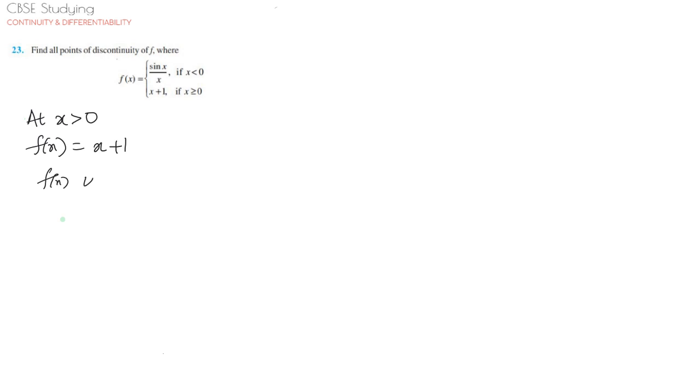So we can say that f of x is a polynomial. Therefore, f of x is continuous at x greater than 0. So for all the three values of x lesser than 0, greater than 0, and equal to 0, f of x is continuous, right?